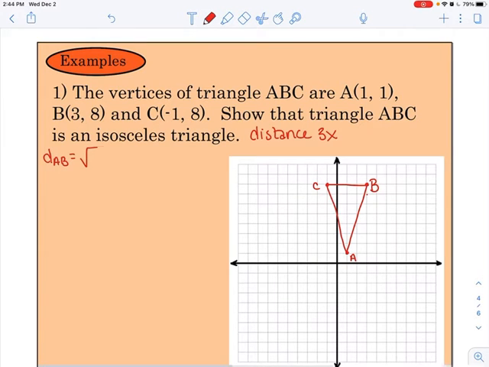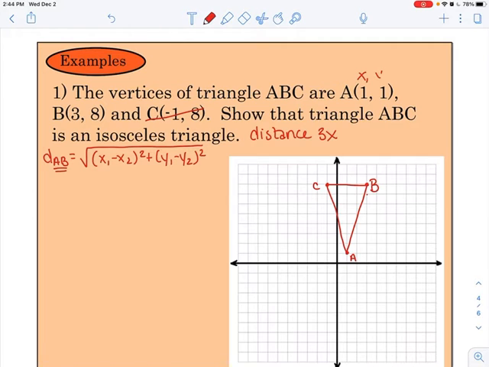Just because it's the first time that we're using this in a while, I'm going to rewrite that distance formula. It's the square root of (x1 minus x2) squared plus (y1 minus y2) squared. It doesn't matter which one I call x1, y1 and which one I call x2, y2, but I'm only using the coordinates A and B, so I'm ignoring coordinate C right now.